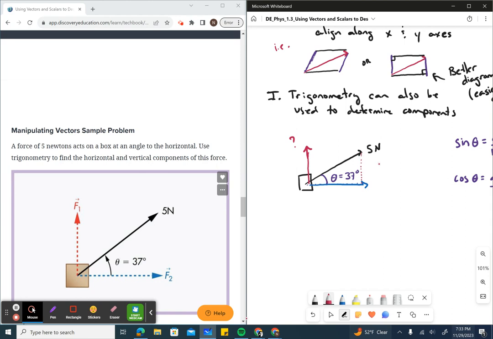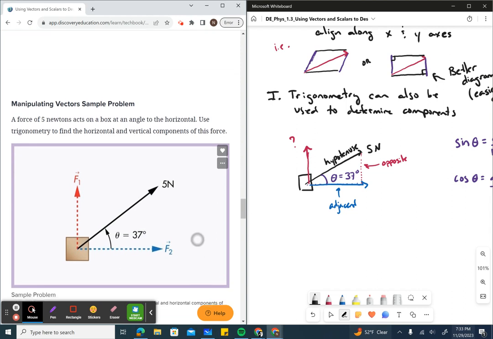If theta is 37 degrees, opposite to that is your opposite side. This is your adjacent side, and this is your hypotenuse. Everything is in reference to theta. Theta is the angle.